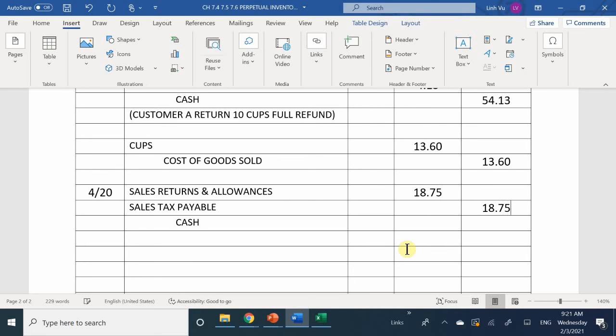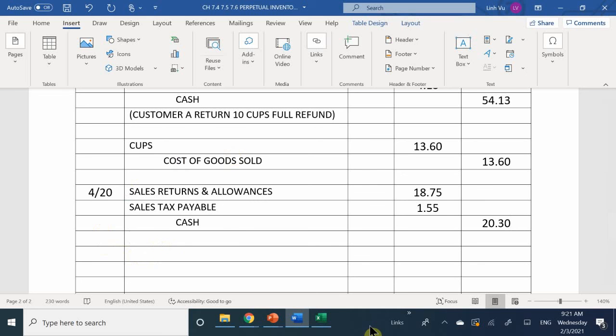How much tax is on the 18.75? $1.55. Yes. Okay, bringing our total to $20.30.